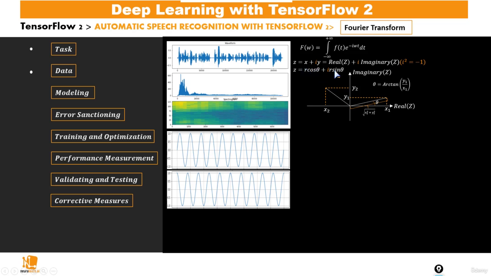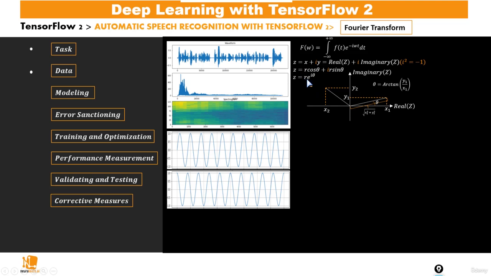Once we have these two pieces of information, we can obtain the values for x and y, since we have its amplitude and its phase. So this is how we represent z as a trigonometric function, and then we could also represent z as an exponential function. So this is the exponential form, and this is its Cartesian form.